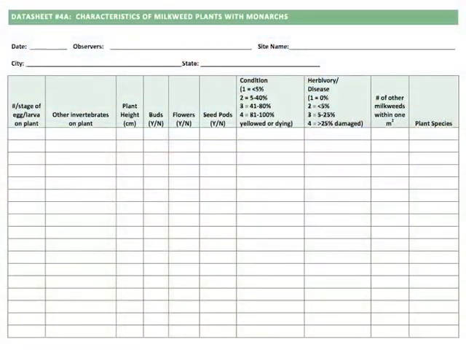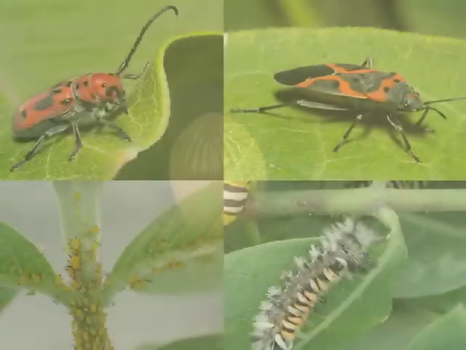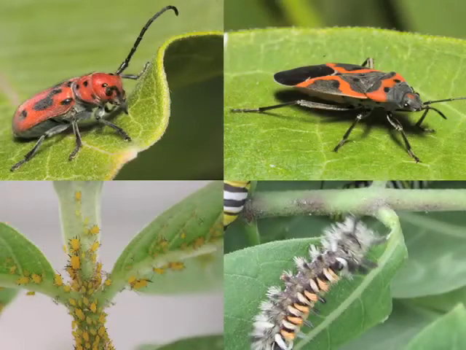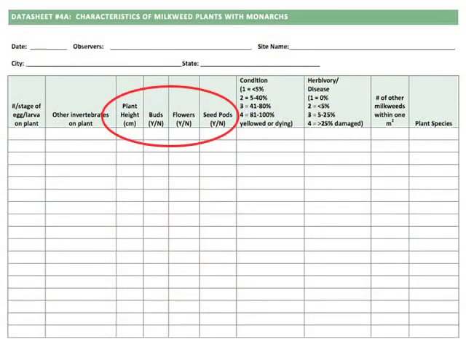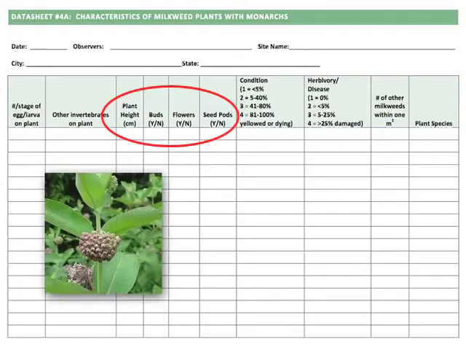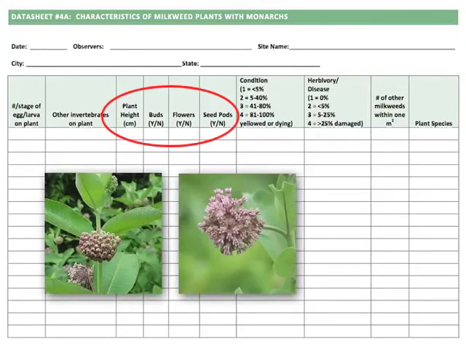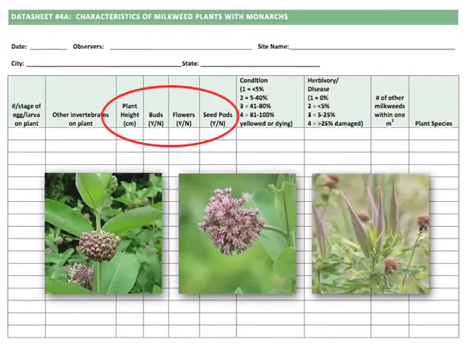The datasheet asks you to record several characteristics, all of which give us information about female choice of egg-laying sites. Look for other invertebrates, like insects or spiders, first, since your presence and plant manipulation may disturb some of the invertebrates. You'll also record the species and height of the plant, and note the presence or absence of buds, flowers, and seed pods.